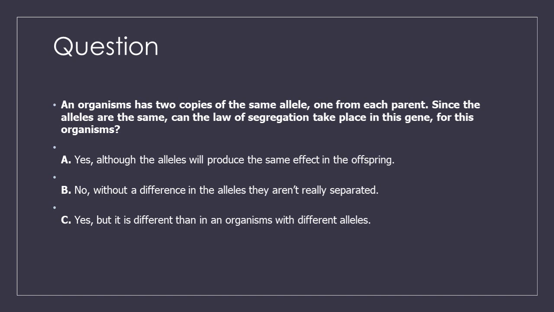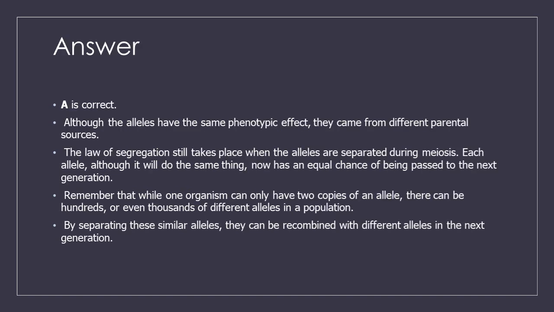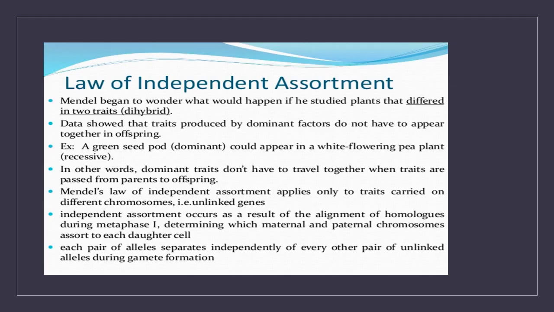The answer is yes. Although the alleles have the same phenotypic effect, they come from different parental sources. Even if they are homozygous, they are coming from different parents, one from the mother and one from the father. That's why that is the law of segregation.